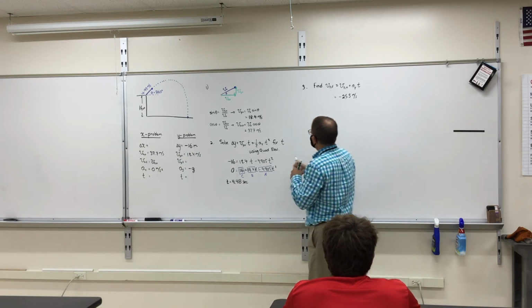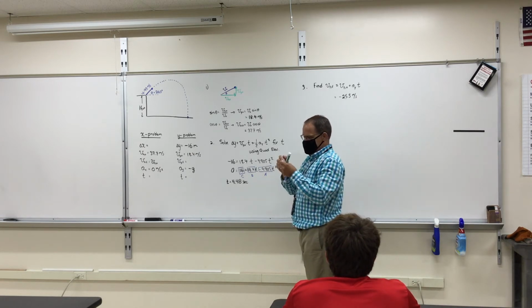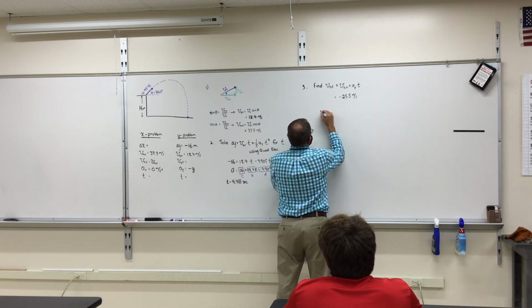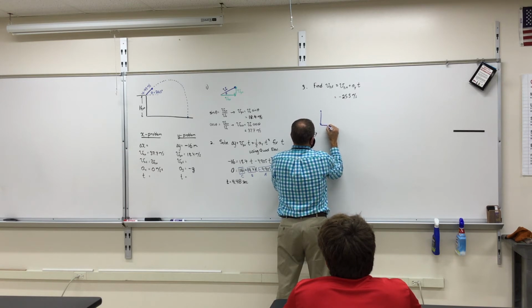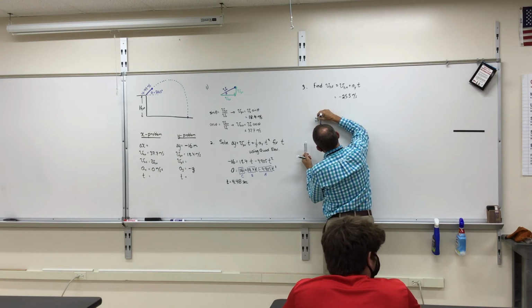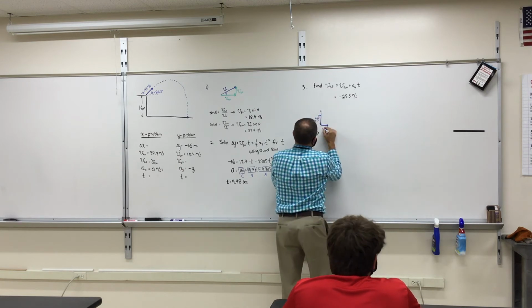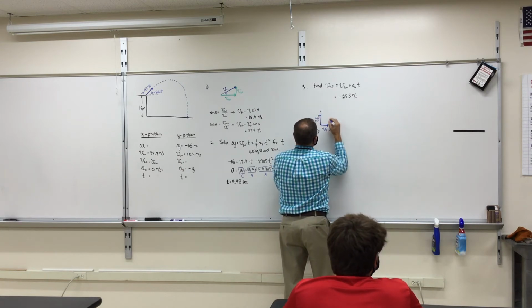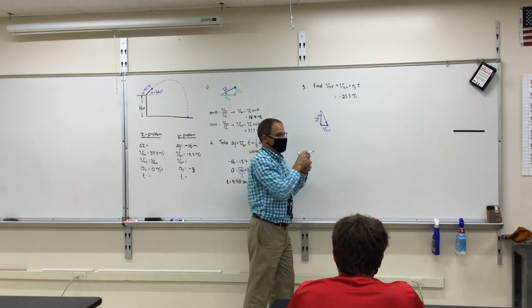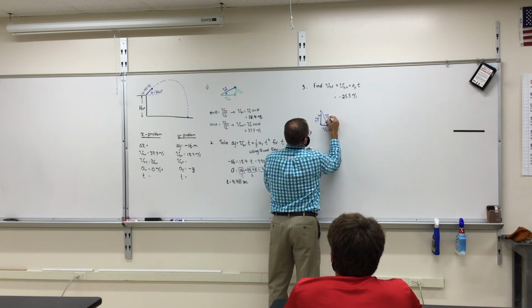Okay. So now we've got to find the final velocity. So at the very end, it's moving like this. It's moving down and it's moving over. This is the final velocity in the y direction. This is the final velocity in the x direction, and we've got to find the vector sum of those. Okay? We call that the final velocity.